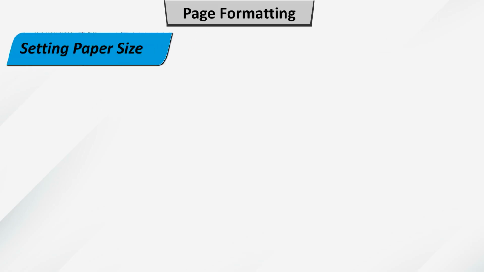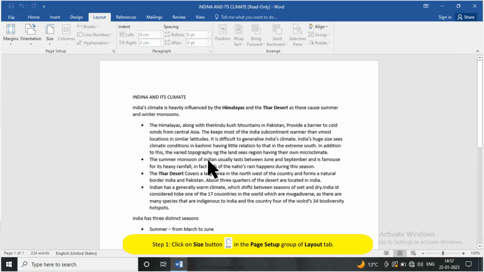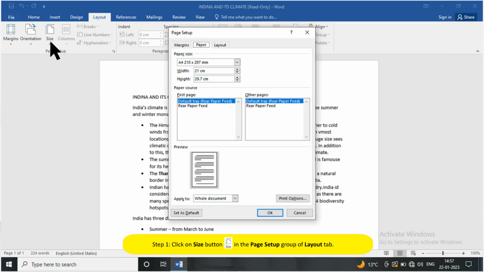Setting paper size. Word gives us the option of many standard paper sizes. The default size is letter. To change the paper size, follow the following steps. Step 1. Click on Size button in the Page Setup group of Layout tab. Step 2. Choose a paper size you want for your document.